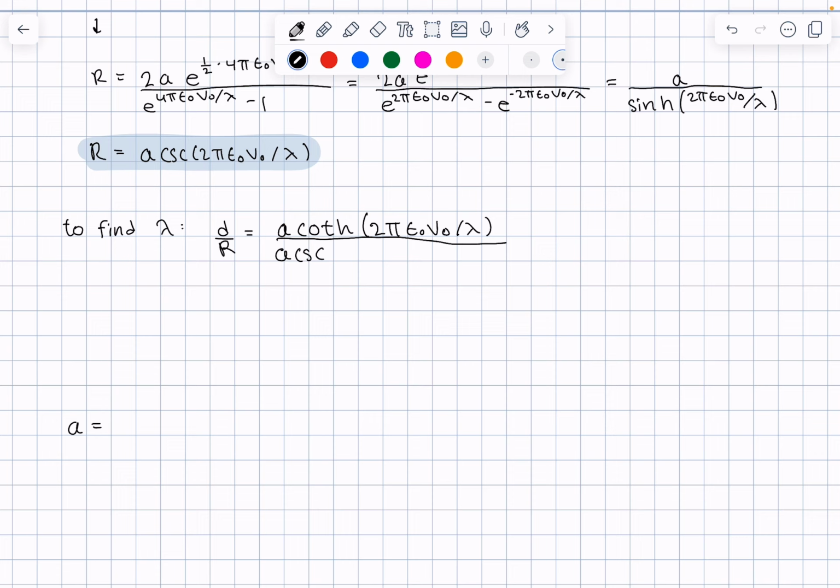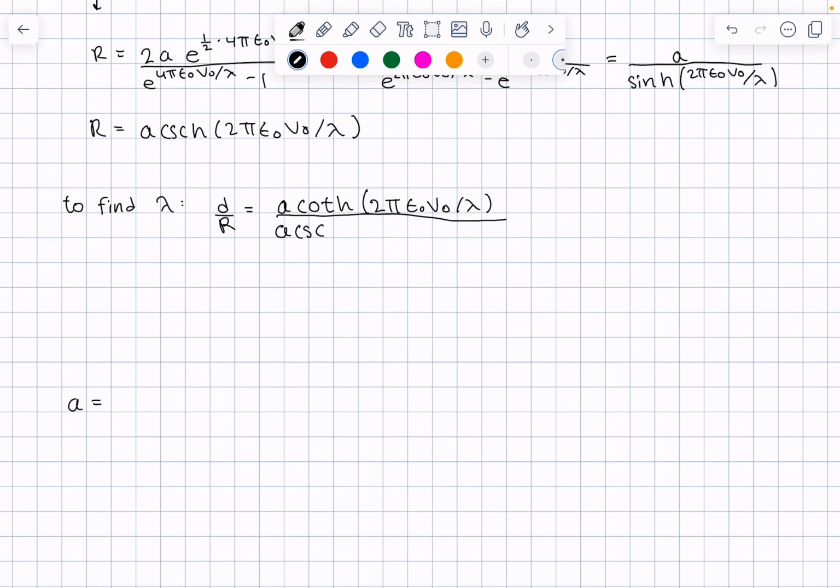Sorry, there should be an h here, because this isn't just cosecant, this is the hyperbolic cosecant. So to reiterate, r is equal to a times the hyperbolic cosecant of 2 pi epsilon naught v naught over lambda.